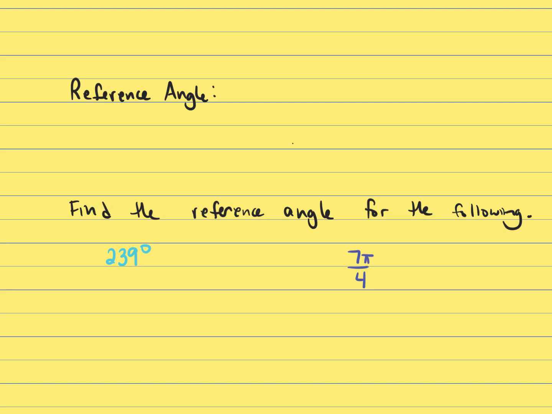Okay, one term we'll use quite a bit in the next couple sections is what's called a reference angle. Now, a reference angle is going to be an acute angle. Remember, an acute angle is between 0 and 90, or 0 and pi over 2, that is formed by the terminal side of an angle and the x-axis.